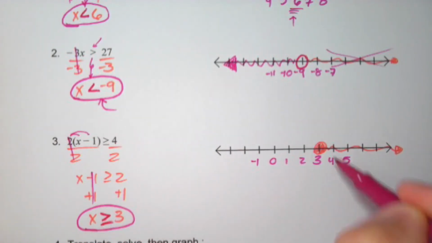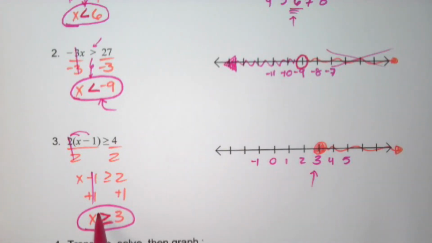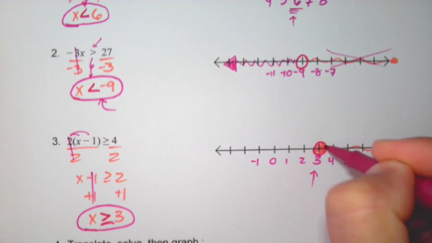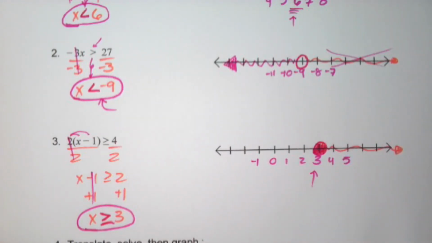Well, then we go to +3. You see we have a circle, but it's or equal to, so that's where we're getting that closed circle. And then at no point does this inequality change direction, so we want everything greater than that 3. That's always shading to the right.